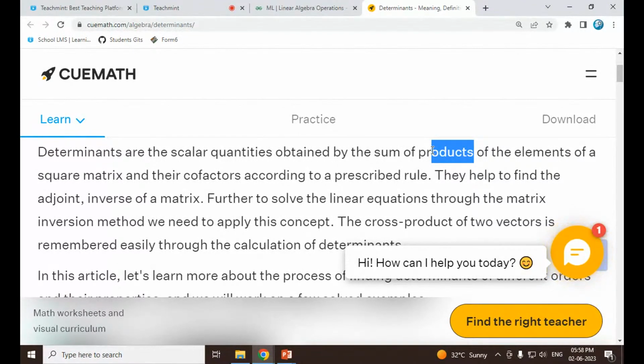When you add both multiplied answers, we call that a sum of products. We do that in determinants. These scalar quantities are obtained by the sum of products of elements of a square matrix, that is, rows and columns are equal, and their cofactors according to a prescribed rule. They help to find the adjoint and inverse of matrices.